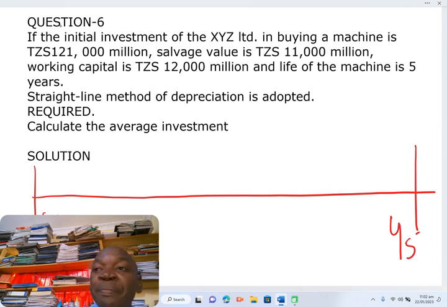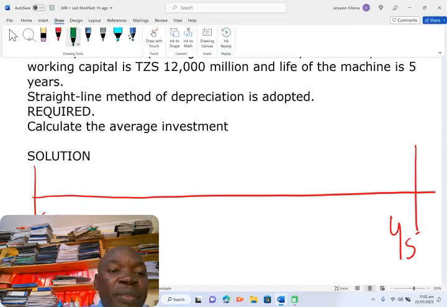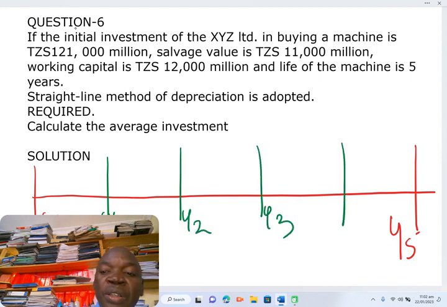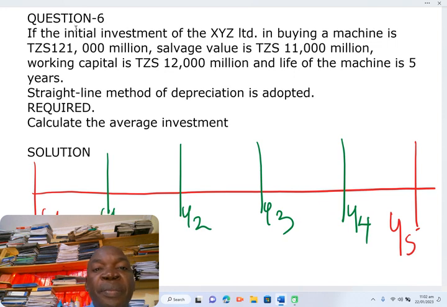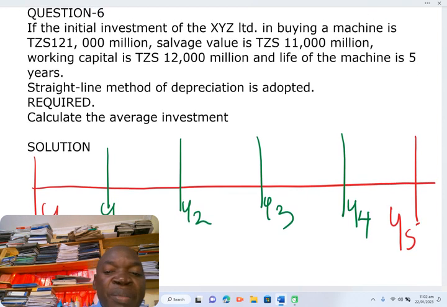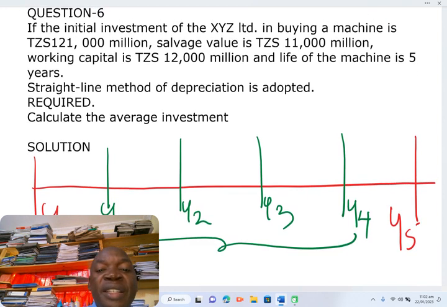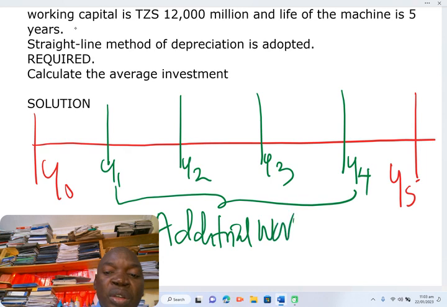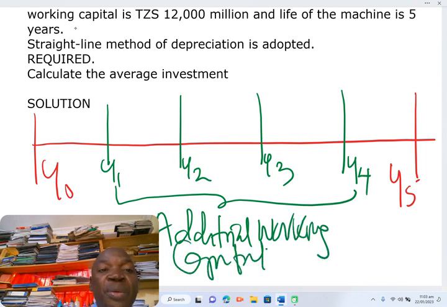But in between, there is here 1, here 2, here 3, here 4. So a working capital has been added. So we have additional working capital.